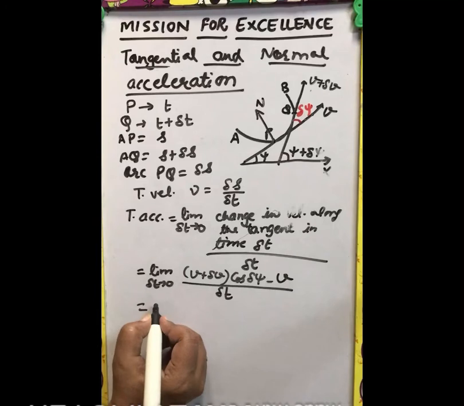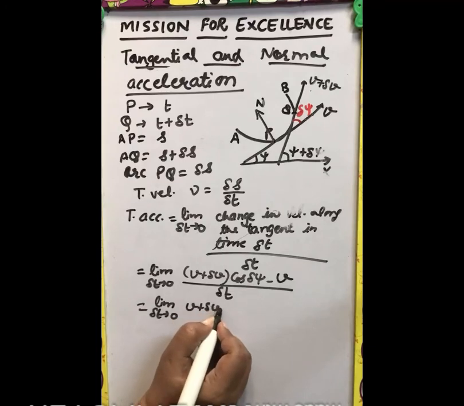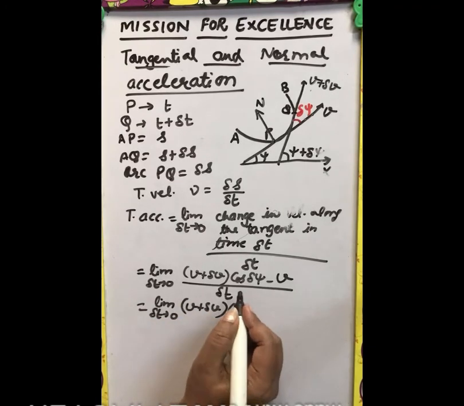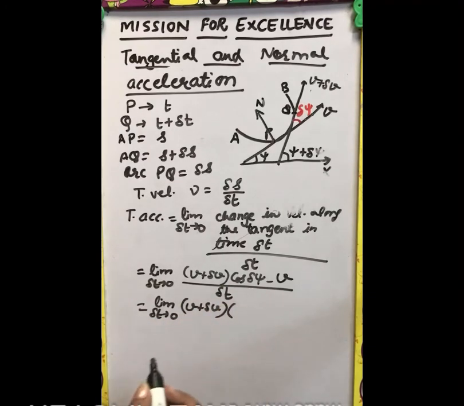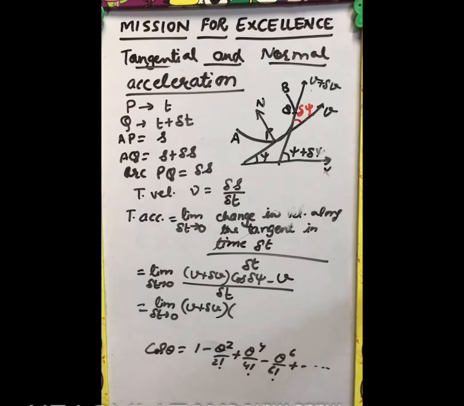Let us expand this cos. The expansion for cos theta is 1 minus theta square by 2 factorial plus theta raised to power 4 by 4 factorial minus theta 6 by 6 factorial and so on. This is the expansion for cos.